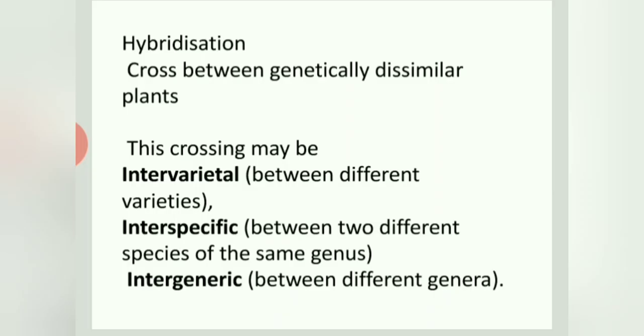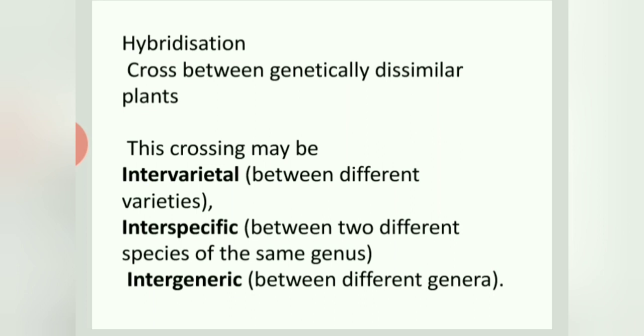So what is hybridization? Hybridization is the cross between genetically dissimilar plants. I repeat, a cross between genetically dissimilar plants is called hybridization. There are 3 types of hybridization: intervarietal, interspecific and intergeneric.